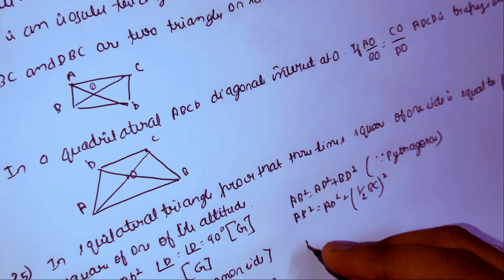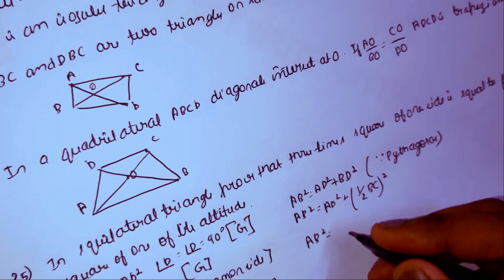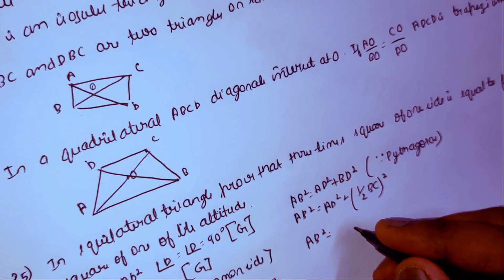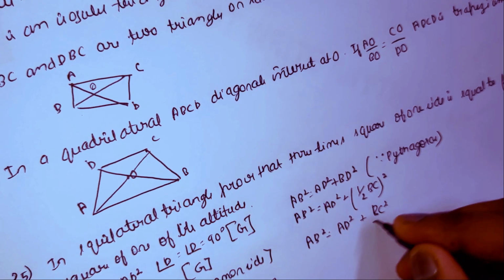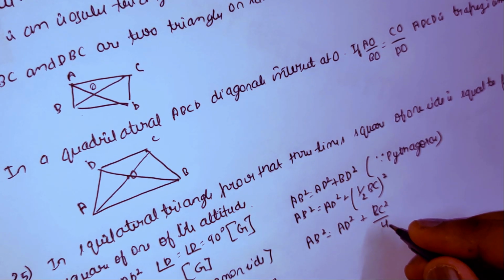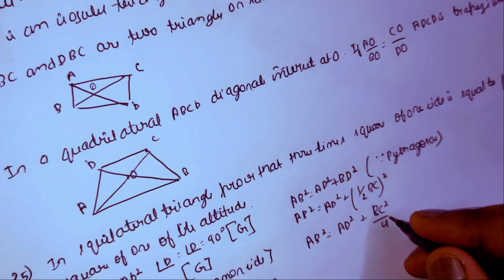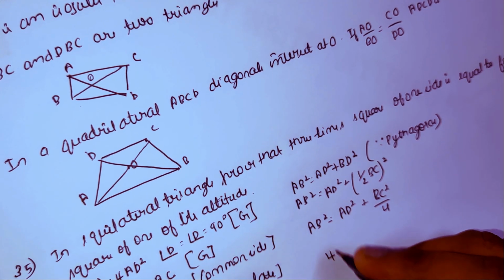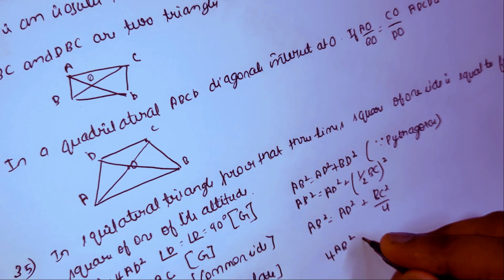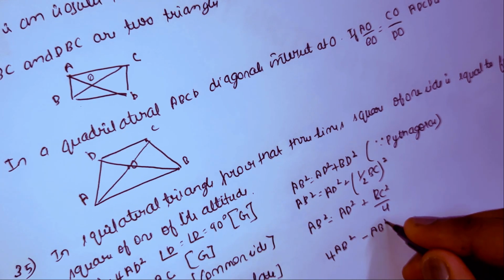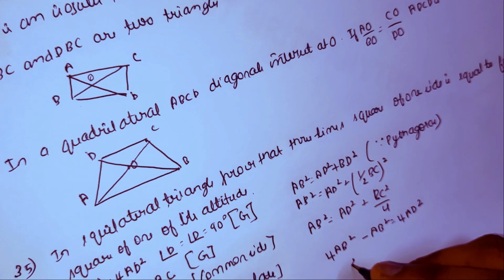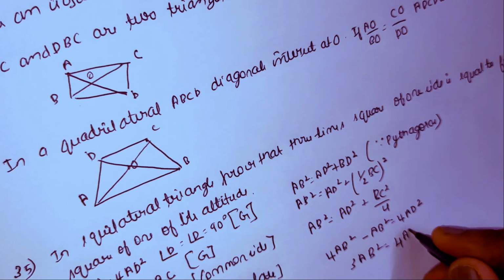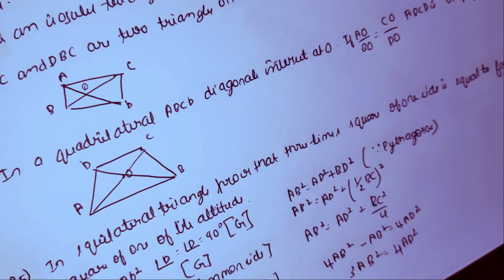We will get AB square is equal to AD square plus BC square by 4. Take common, then bring it to the other side. You will get 4AB square minus AB square is equal to 4AD square. This is nothing but 3AB square is equal to 4AD square. This is what was asked to prove.